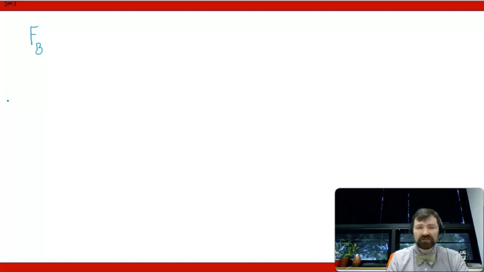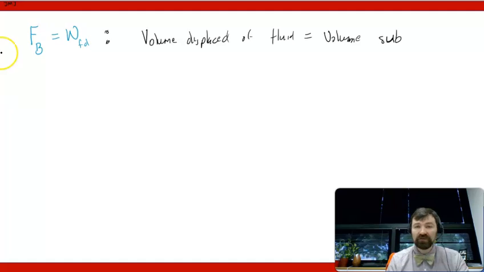Essentially, we expect this buoyant force, which is equal to the displaced fluid's weight, to be calculable by figuring out the volume of the fluid which has been displaced and then multiplying that by the density of the fluid. The volume of the fluid displaced should be equal to the volume which is submerged of this object.